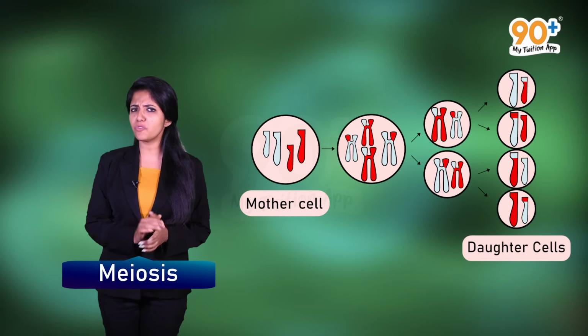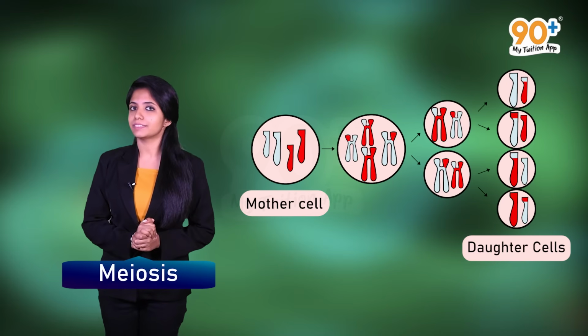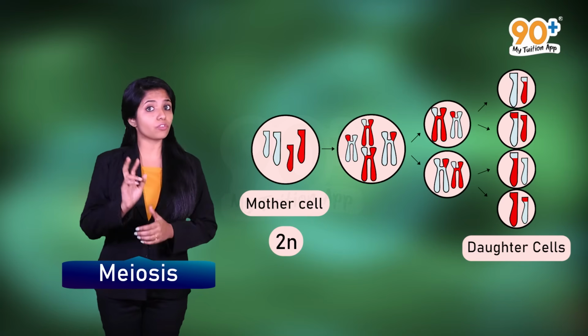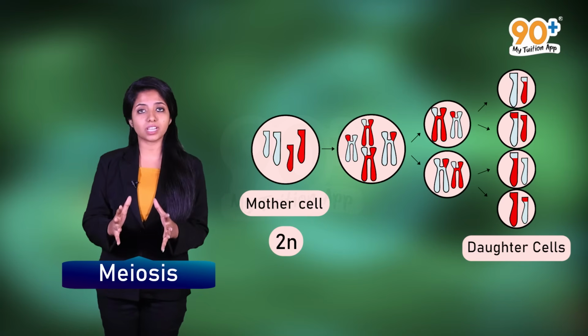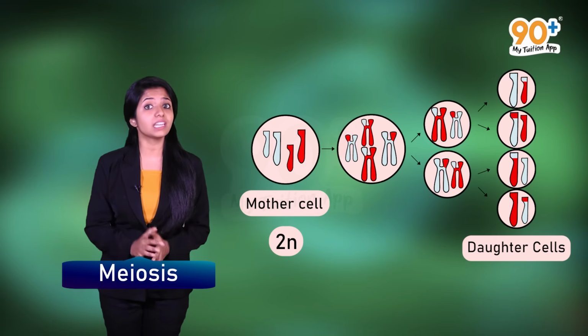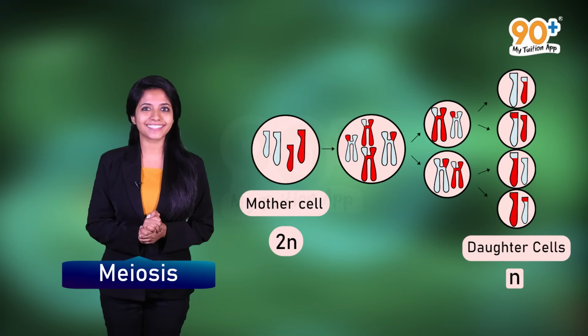And there is one more very important point that you should definitely remember. That is, here if the parent cell contains 2n number of chromosomes, then the daughter cells will contain half of it. That is, it will only contain n number of chromosomes, not 2n, okay?